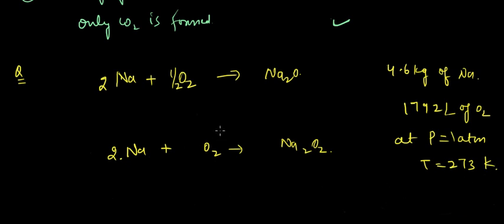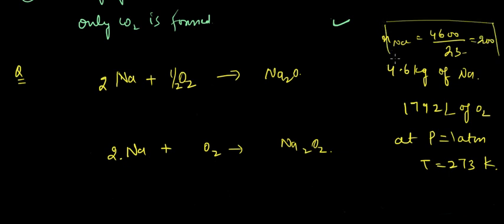Okay, so what will happen here is, the number of moles of sodium would be 4600 grams divided by 23, the molar mass of sodium, so it would be 200 moles.